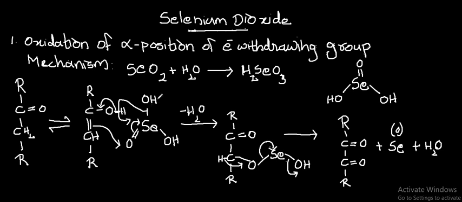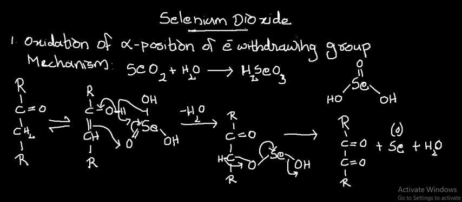This is OH and this hydrogen, and in total H2O gets eliminated, and this bond will shift to the carbon to oxygen bond, and a single bond is converted into a double bond, and this double bond will shift to selenium.